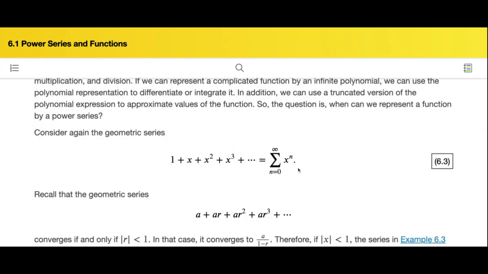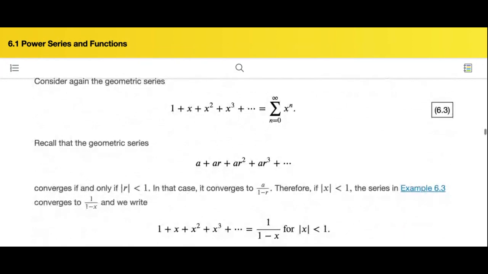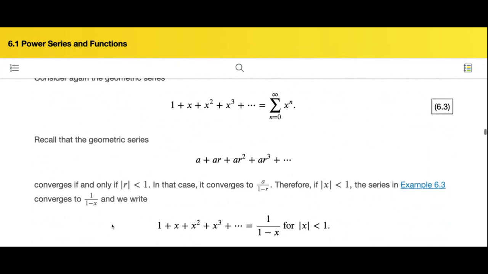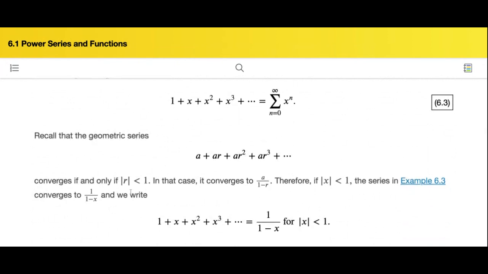So consider this geometric series. It looks like this, a plus ar, and so on. If the absolute value of the ratio is less than 1, we know it converges, and it converges to the first term divided by 1 minus the ratio. So therefore, if the absolute value of x is less than 1, the series converges to 1 over 1 minus x.